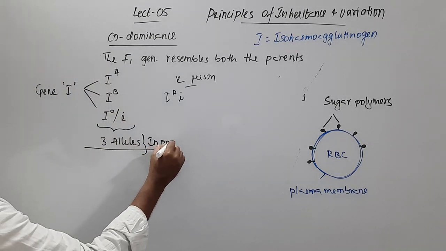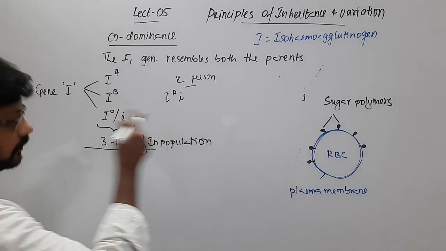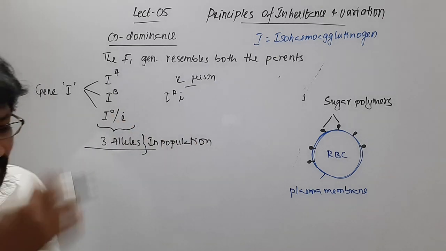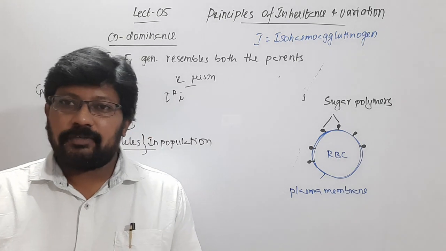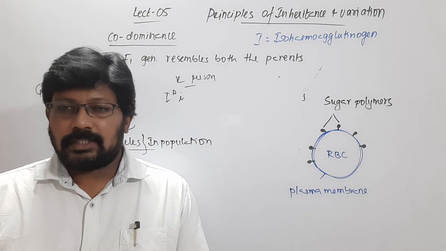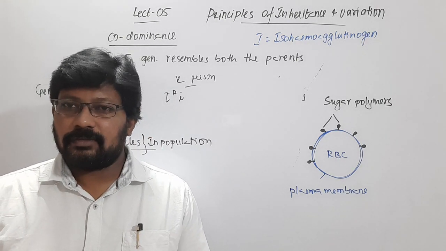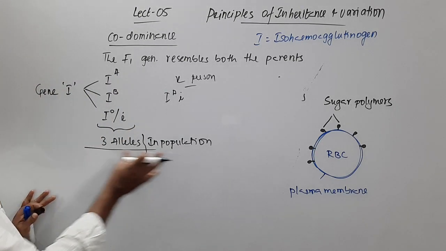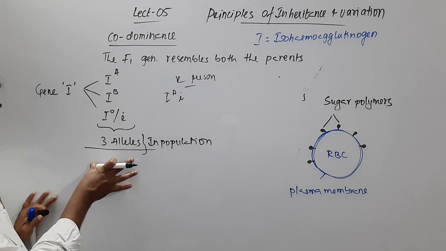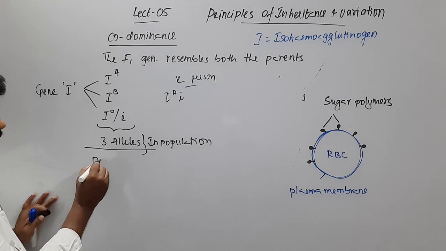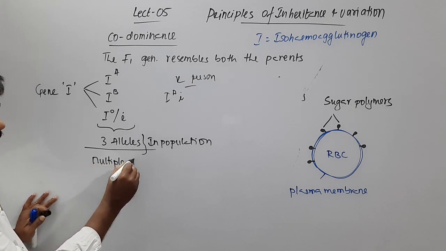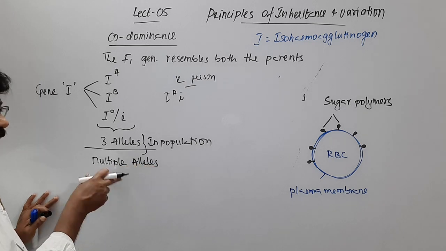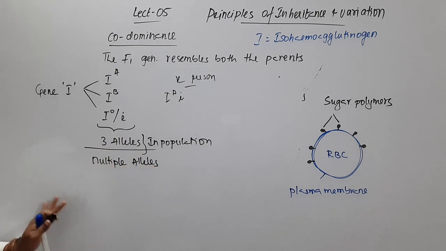So when I'm considering the population, we know a population is a group of individuals belonging to the same species. So this is what we call multiple alleles, and multiple alleles are found in the population, not in a single individual, right?